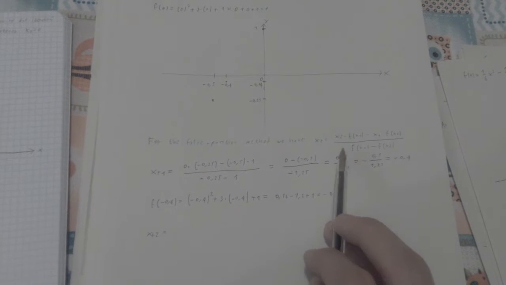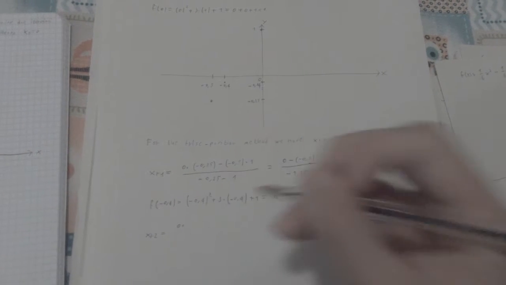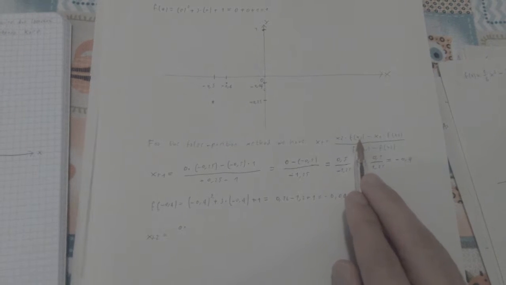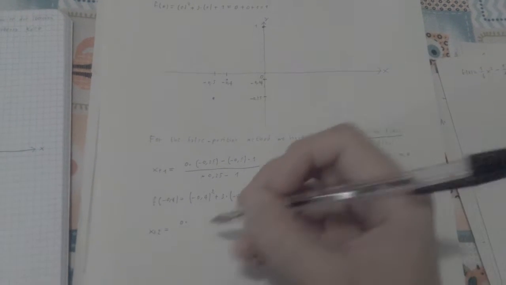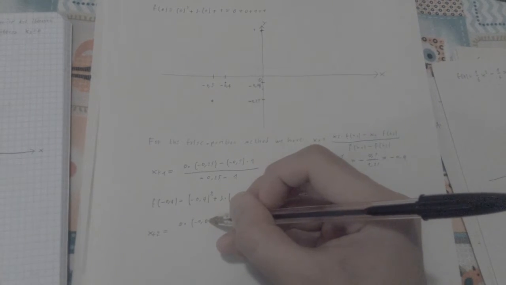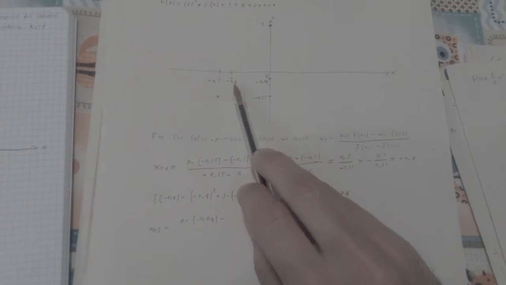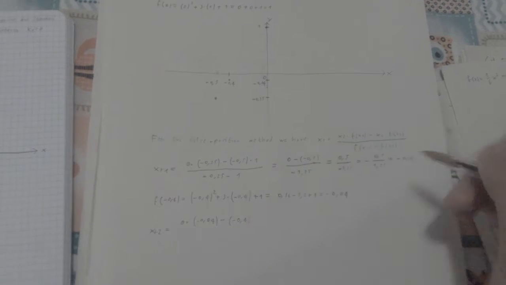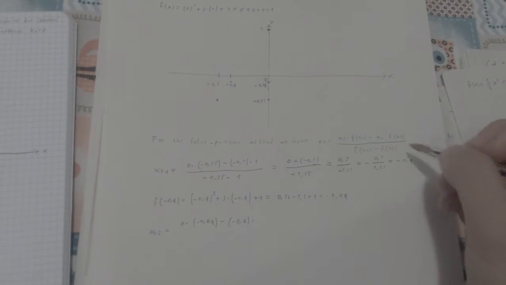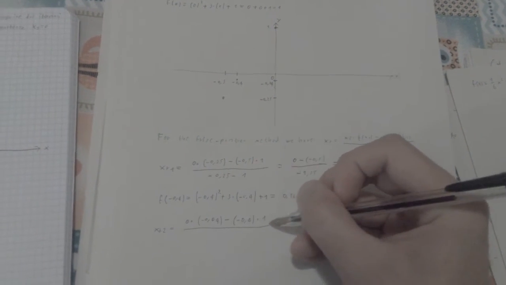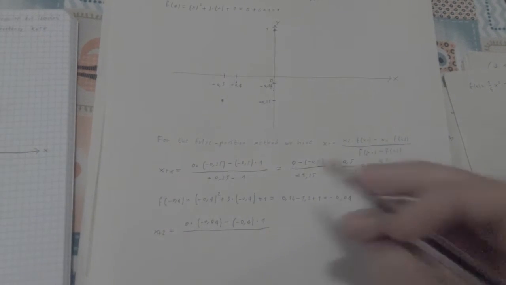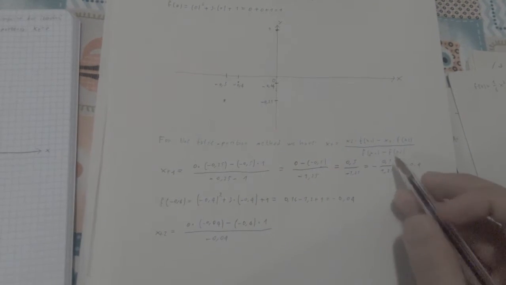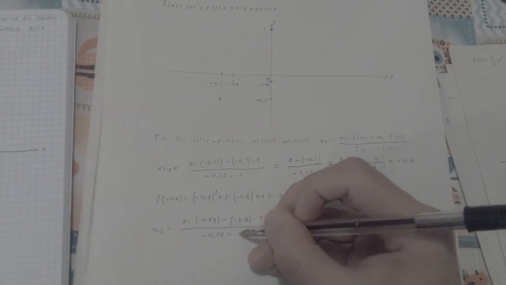So xr2 is given by x2, so 0, times f of x1, so negative 0.04, minus x1, so negative 0.4, times f of x2, which is 1, everything over f of x1, negative 0.04, minus f of x2, so 1.